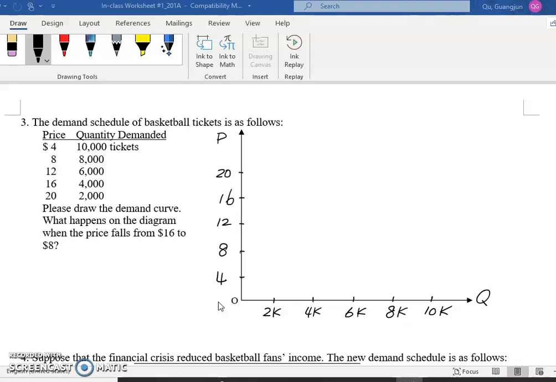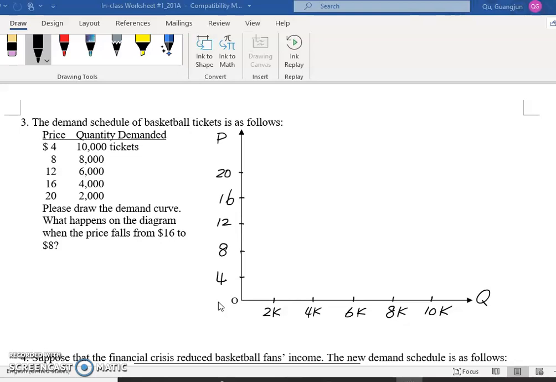Before we start talking about the specific concepts, let's take a look at this numerical example in worksheet number 1. I'm looking at the back of the worksheet, question number 3. Here, we give you a real-world example about basketball tickets.